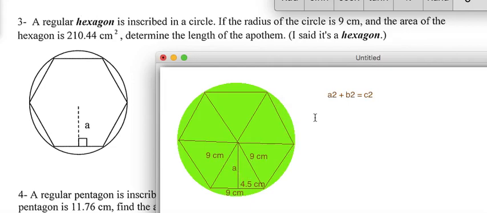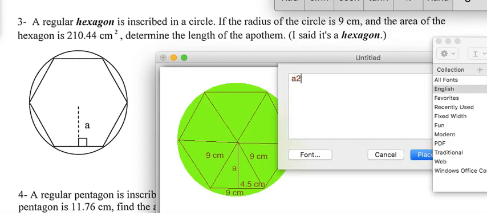That's one of the legs. This 4.5 is also one of the legs, so I'm going to use that in B here. And 9 centimeters is the hypotenuse, so that should go in C. So what you have now is A squared plus 4.5 squared equals your hypotenuse squared, where 9 is your hypotenuse.